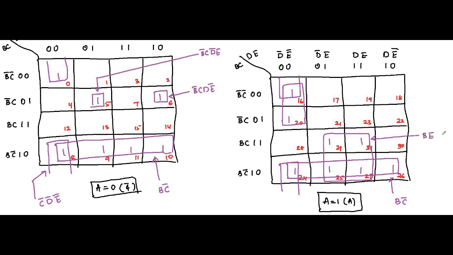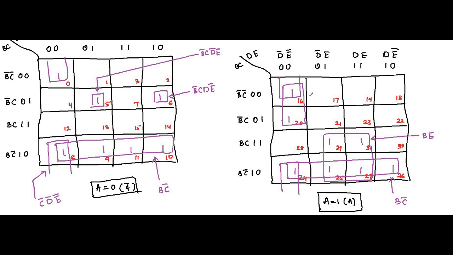You remember how we determine the common variables on horizontal and vertical side? I have discussed a lot of questions related to 4 variable, 3 variable K-maps. So please watch those videos first and then come to this, so that you understand in a better way. So, BE, BC bar.